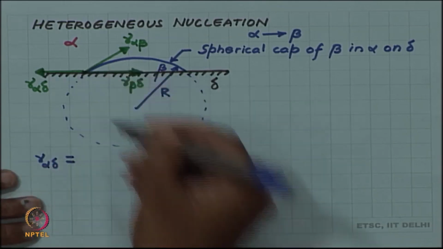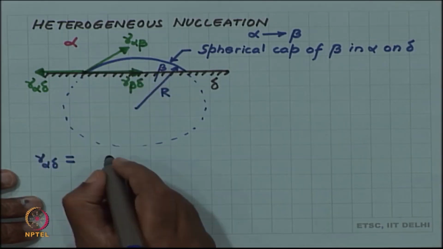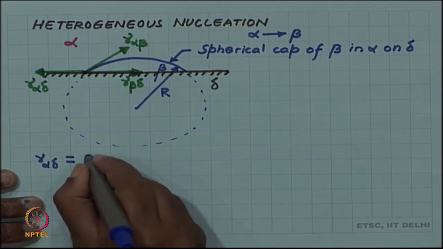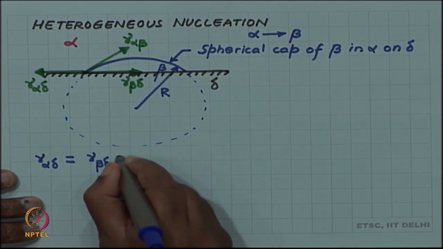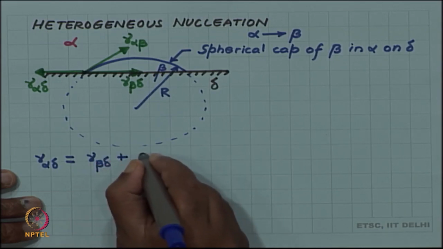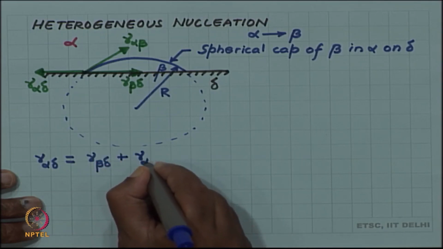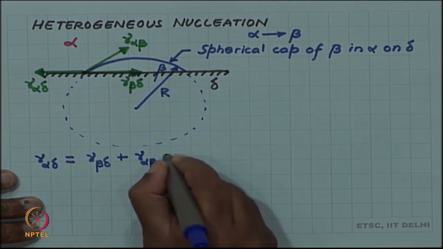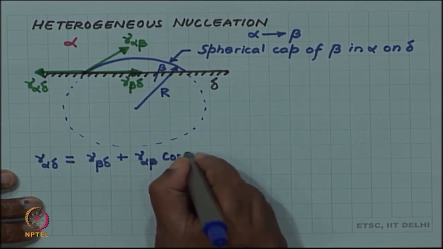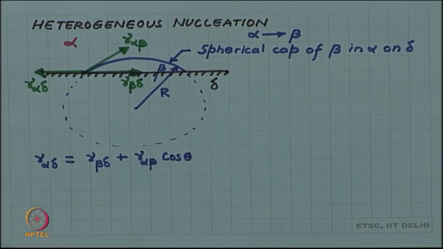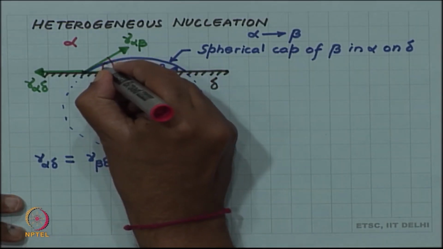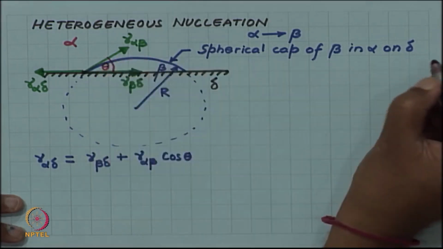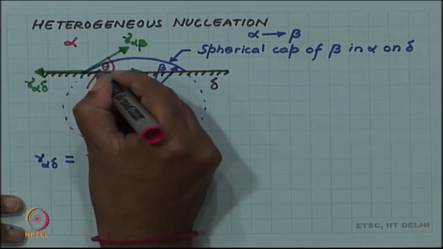If I take the horizontal component, then gamma alpha delta will be equal to gamma beta delta plus gamma alpha beta cos theta, where theta is this angle here, also known as the contact angle.